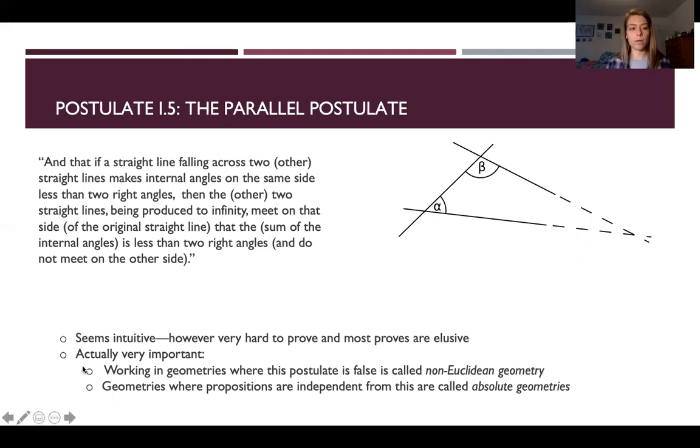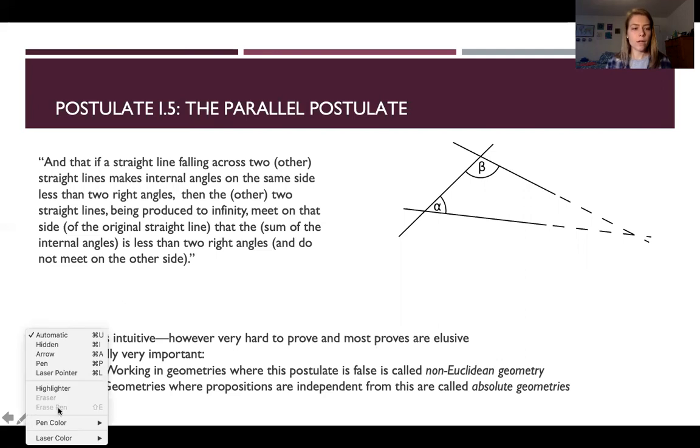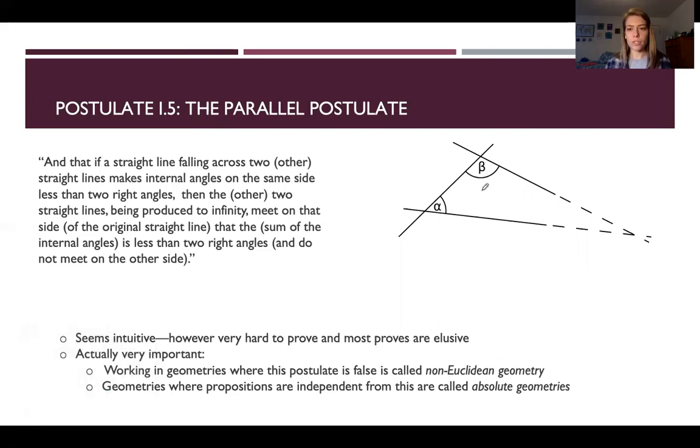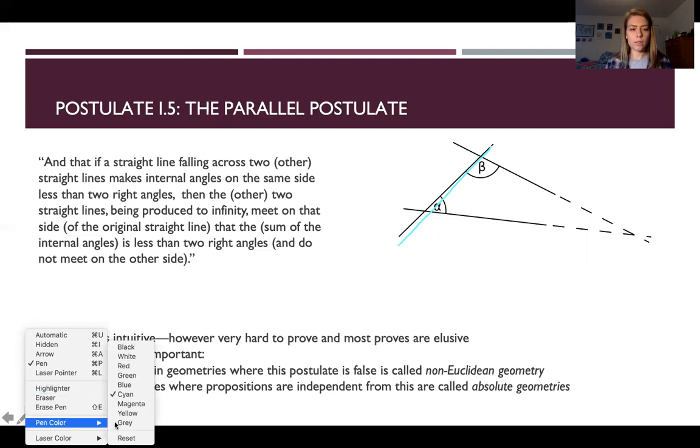And you're like, whoa, what does that mean? There's a lot of words there. So I'm going to use the figure to draw it out. Here's the straight line that he talks about first, right here. And then he has 2 other straight lines.